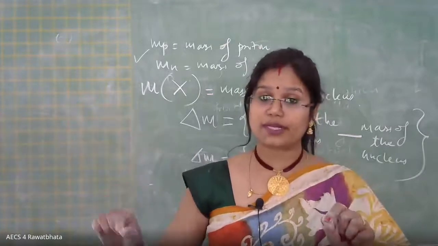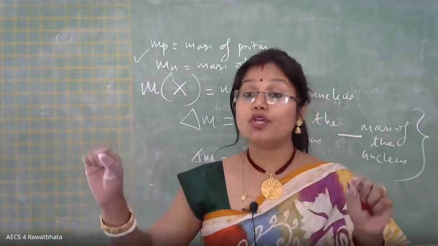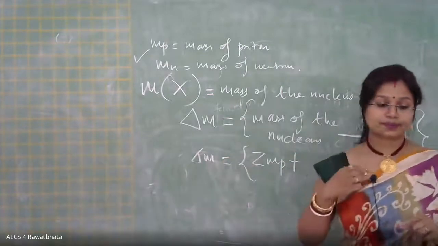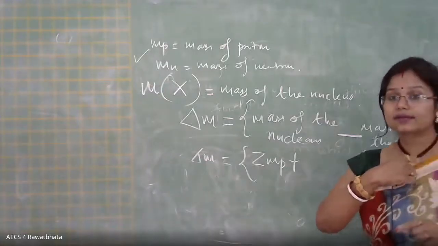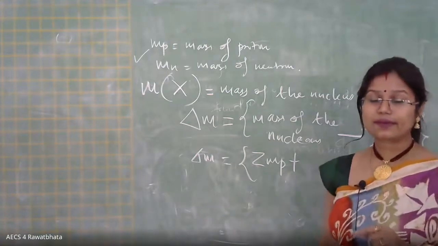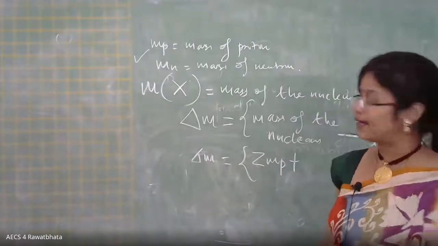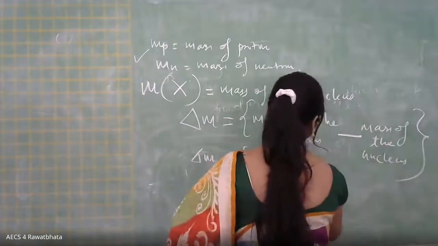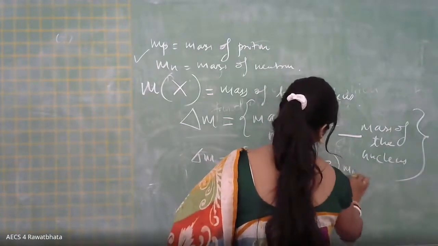From this expression, number of neutrons is equal to A minus Z, into the mass of neutron.